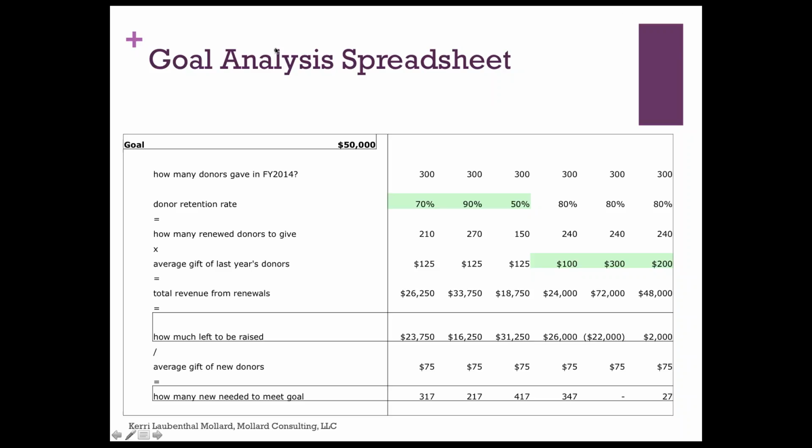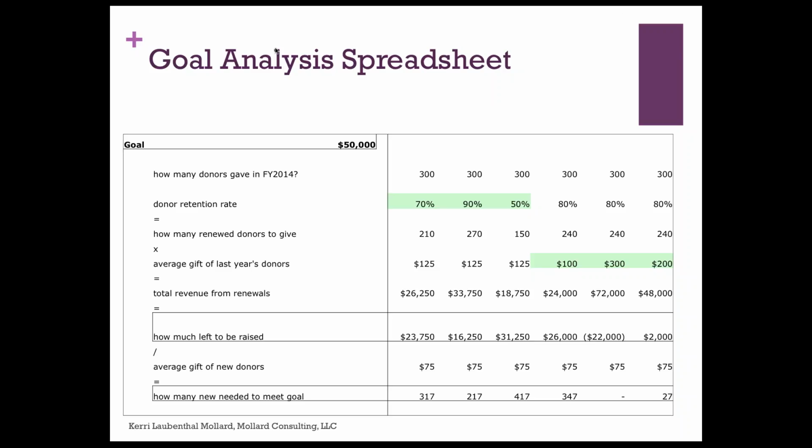The next three columns are going to say, okay, what if we keep donor retention rate static? That's at 80%. But what we're going to vary in these next three columns is the average gift size. So 80% donor retention rate means 240 donors give again. If the average of the renewing donors' gifts is $100, you're going to raise $24,000. You have $26,000 left to raise.